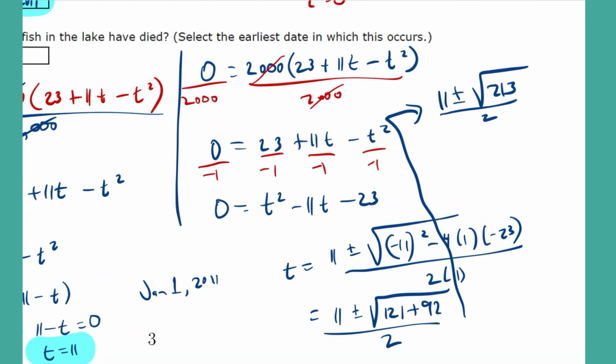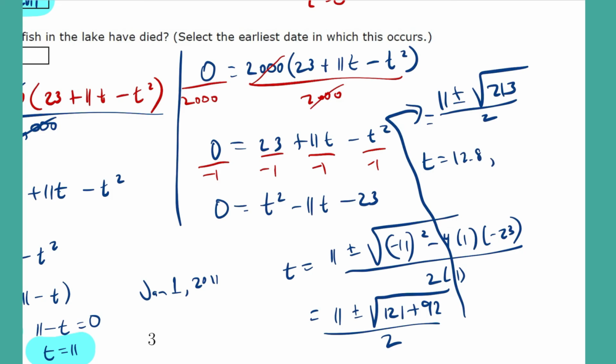So let's go ahead and just find the decimal. Since we're looking for a date, we can just find the decimal. So let's do the plus first, and then we'll do the minus second. So 11 plus the square root of 213 is equal to 25.59, divided by 2. t is equal to approximately 12.8.